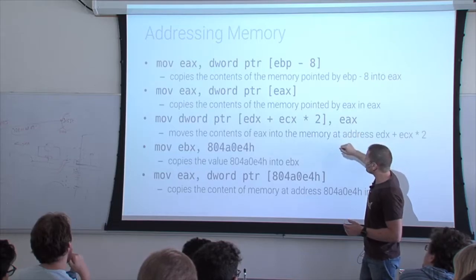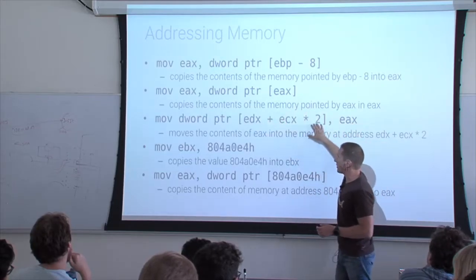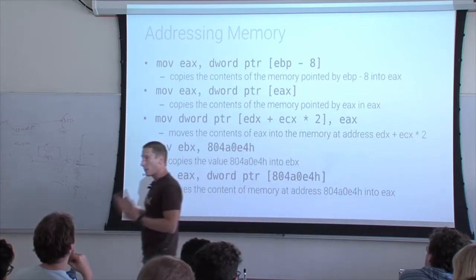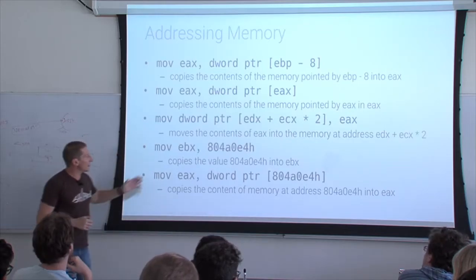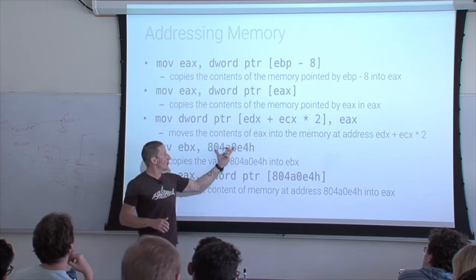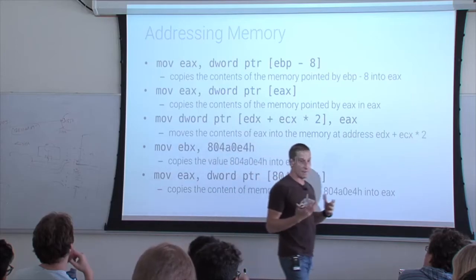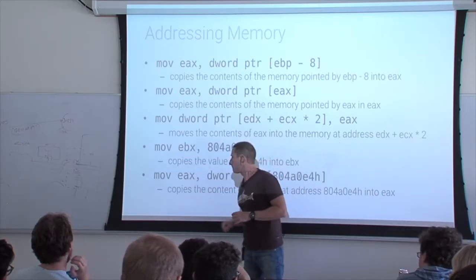In this case, put EAX in the content of the memory that is the register EDX plus ECX multiplied by 2. In this case, for example, it copies the literal value 804A0E4, which looks like a valid address, into EBX, okay?